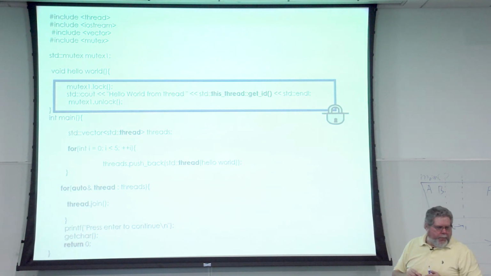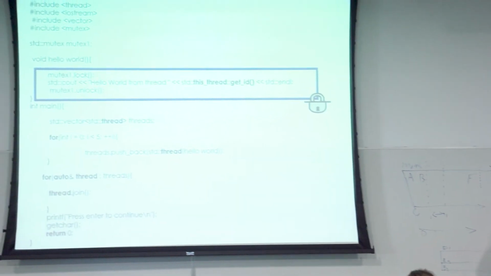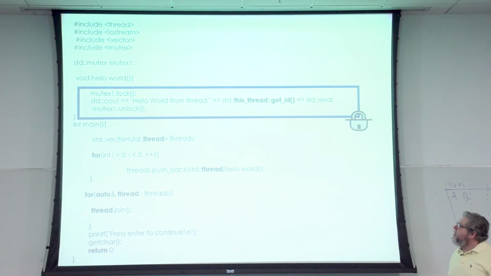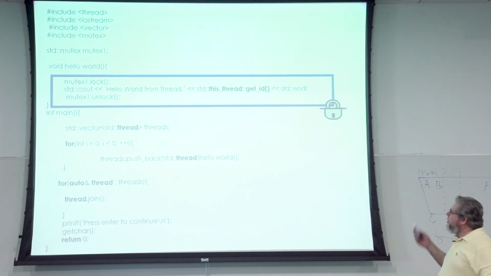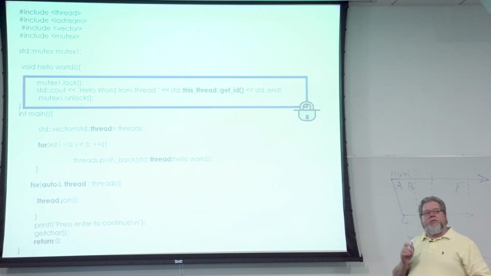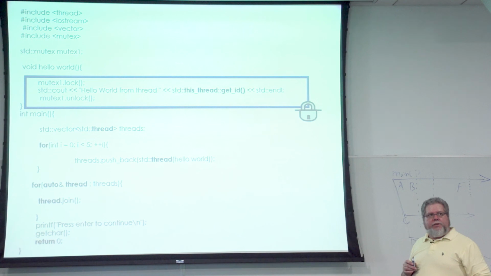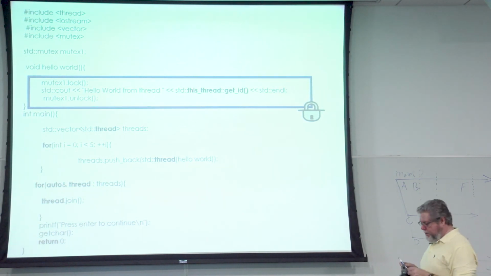Okay? So, starting up at the top, way up there, I have included thread. Why? Because I'm launching threads. IO stream, because I'm throwing stuff to the screen. Vector, because I'm launching multiple threads, and I use the vector for that. And then mutex, because I want to control it.